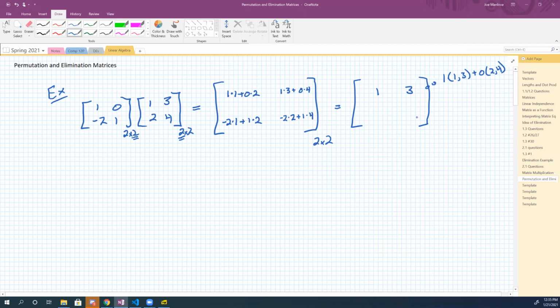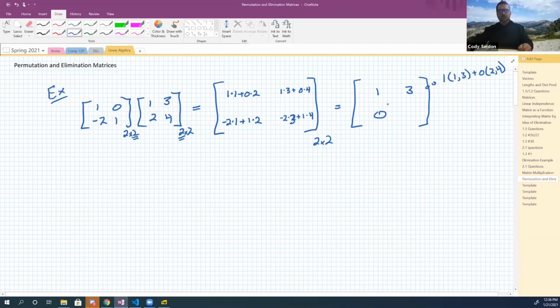What's the second row? It should be 0, negative 2. Oh, I'm a goofball, sorry. That was supposed to be a 3. So 0, negative 2.